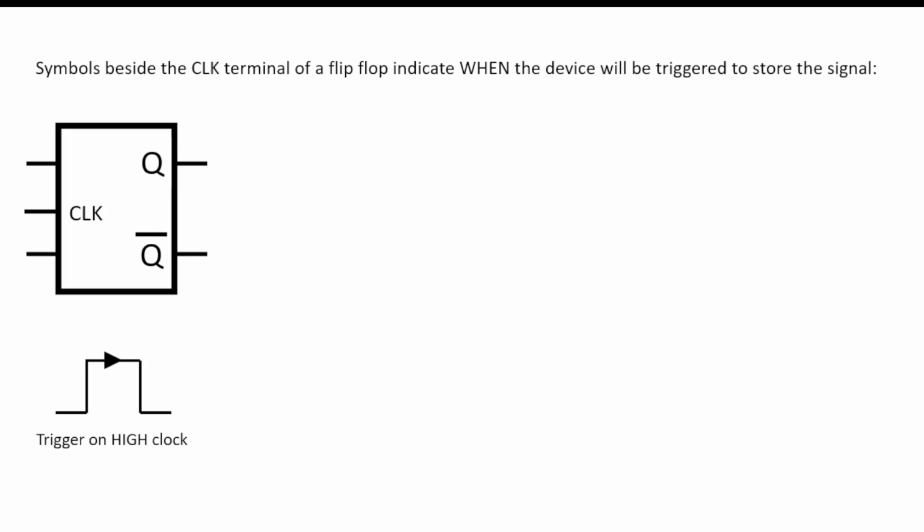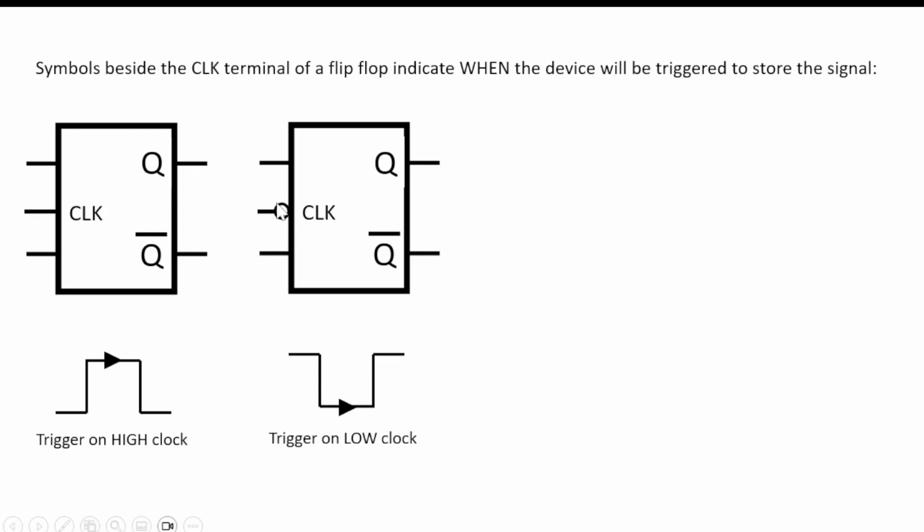Now, the symbols beside the clock terminal of a flip-flop symbol indicate when the device will be triggered to store the signal. What I mean by that is that if we have just the clock like that, CLK, it means that it will trigger on a high clock signal, as in it would store the bit.